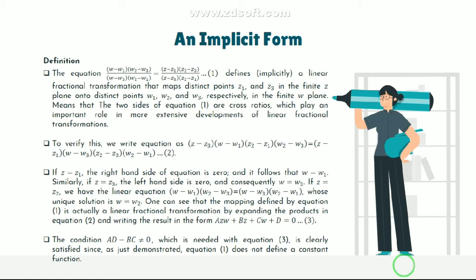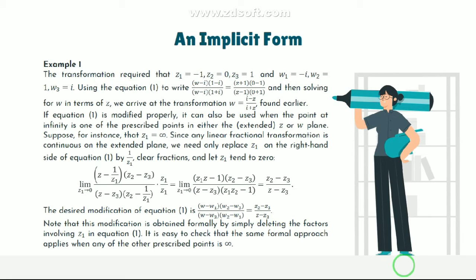One can see that the mapping defined by equation 1 is actually a linear fractional transformation by expanding the products in equation 2 and writing the result in the form azw + bz + cw + d equals 0. We call it equation 3. The condition ad minus bc not equal to 0, which is needed with equation 1, is clearly satisfied since, as just demonstrated, equation 1 does not define a constant function.